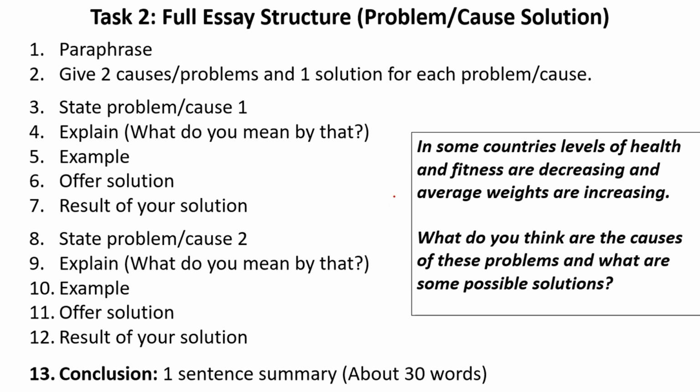So what you need to do, you need to follow this 13-point structure. So your outline should have 13 points just like this. And you need to use this question prompt that's on the right. So what you will want to do is pause the video and create your outline.